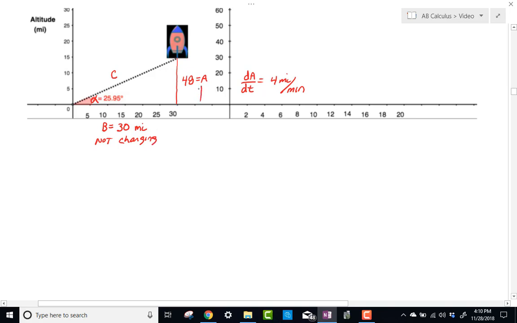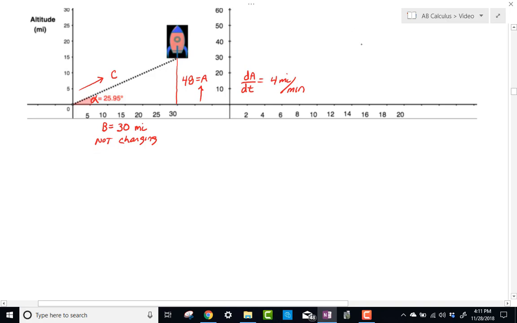Distance A is changing, and distance C is changing, both with positive values. So I don't want the Pythagorean theorem here. I need right triangle trig.